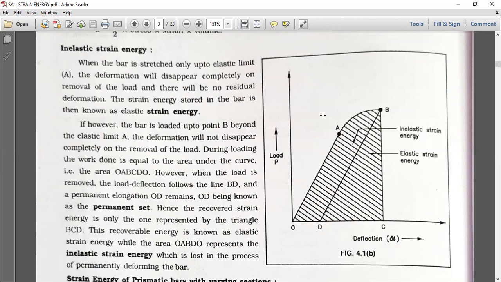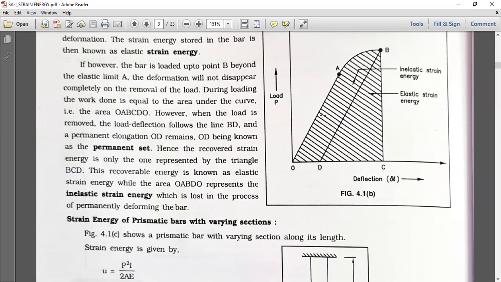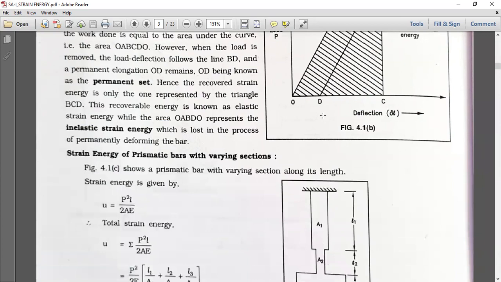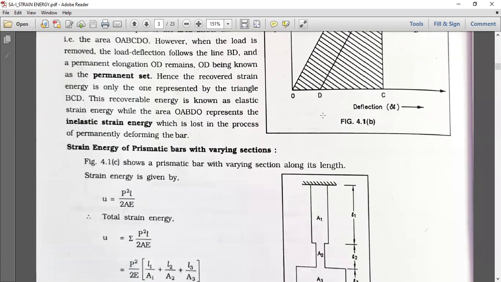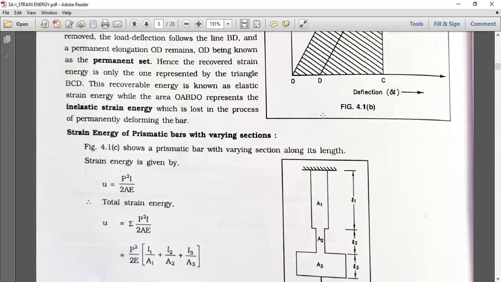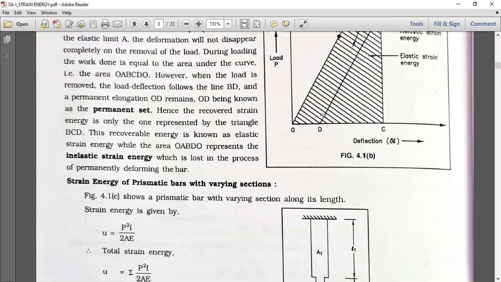Hence, the recovered strain energy is only the one represented by the triangle BCD. This recoverable energy is known as elastic strain energy, while the area OABDO represents the inelastic strain energy.